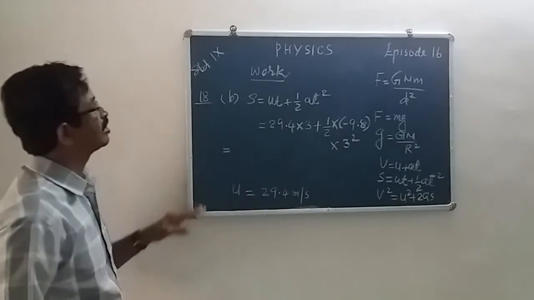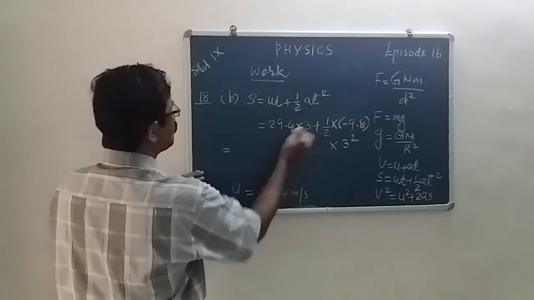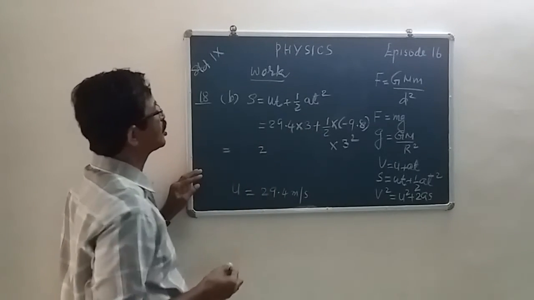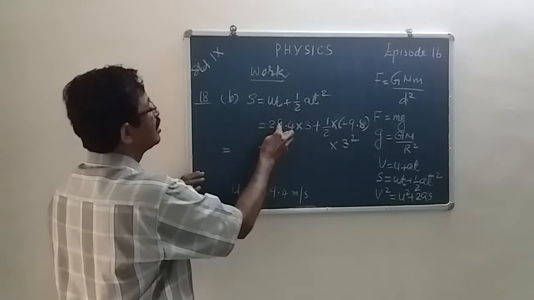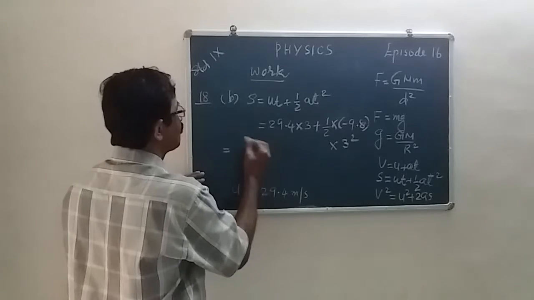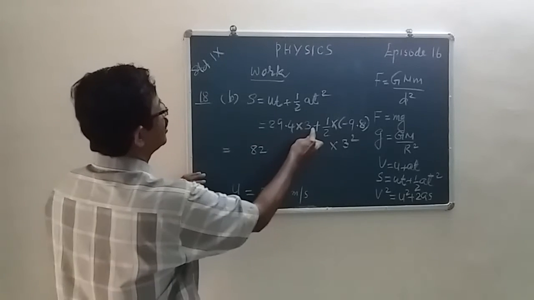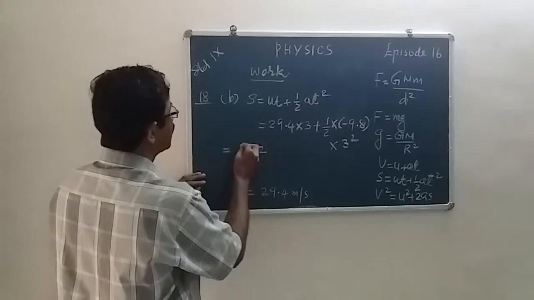29.4 into 3. Then we see u t. That is 3 times 4, 12. Balance one. 3 times 9, 27 plus 1, 28. Balance 2. 3 times 2, 6. 6 plus 2, 8.